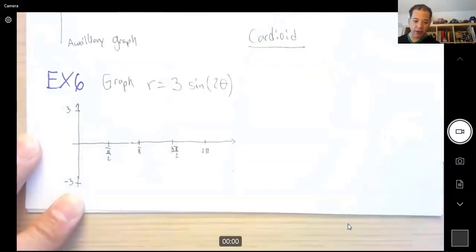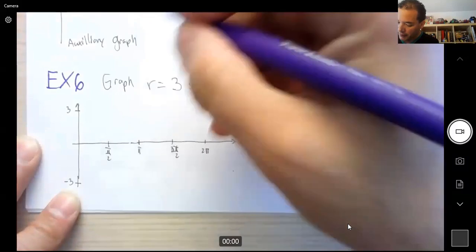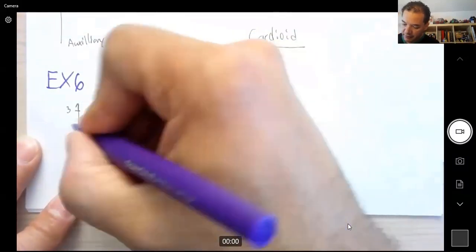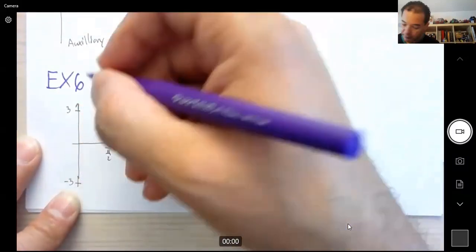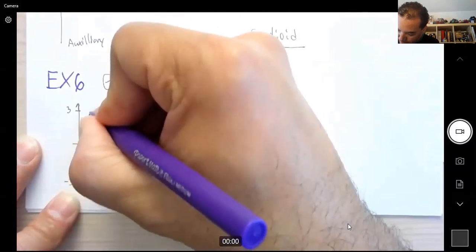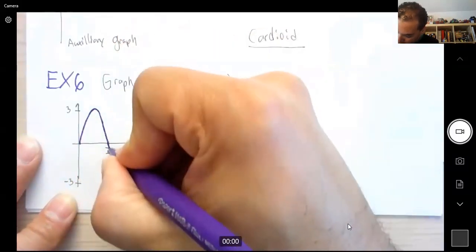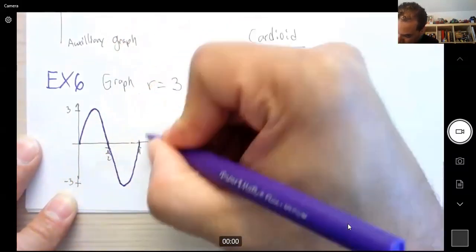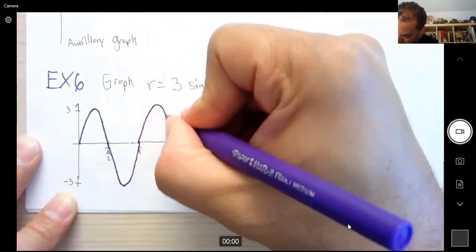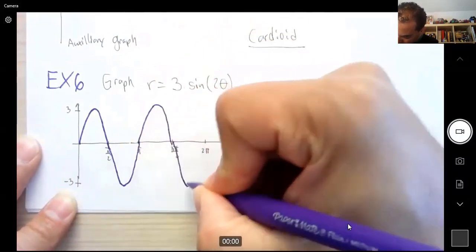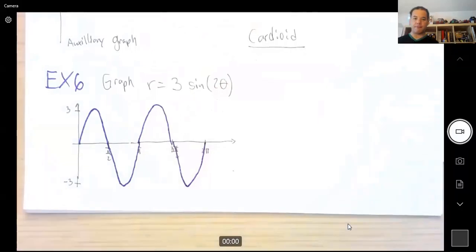And from here to here, we're going to have one oscillation of pi. And then the same thing again. So that's our regular graph.